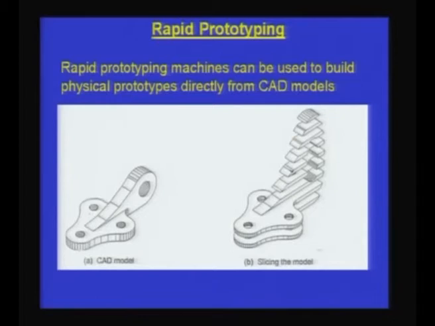Rapid prototyping is another example of computer controlled machines. Rapid prototyping is based on the concept of layered manufacturing. If I have a geometry which has to be realized, and I have a CAD model, then in layered manufacturing you slice this particular component into layers. Once I have the layer geometries, I can build layer by layer in order to realize this particular product. There are many rapid prototyping machines available in the market.